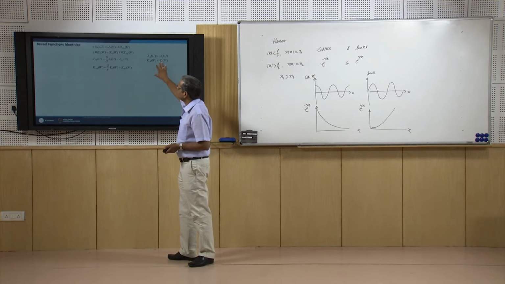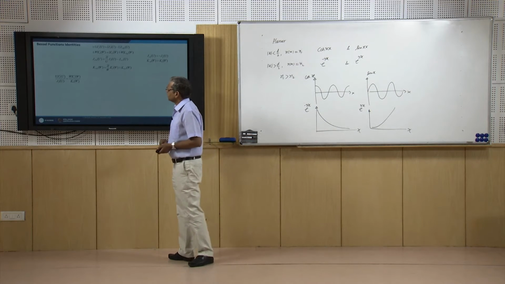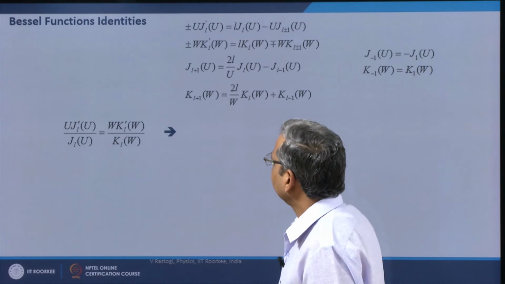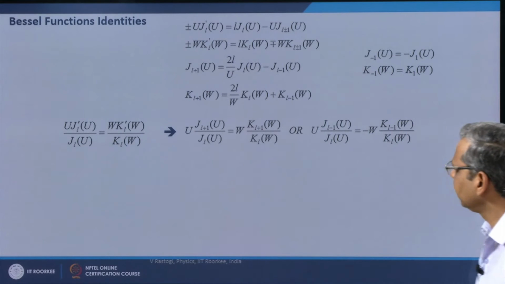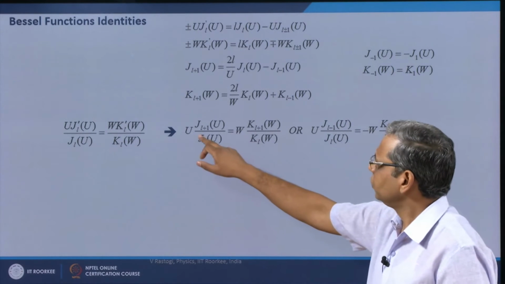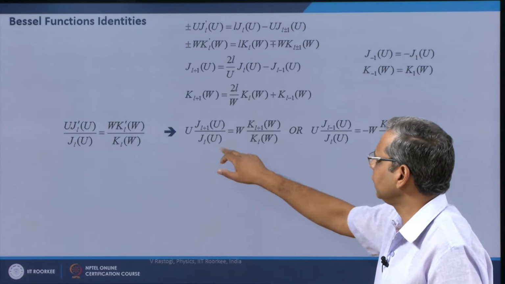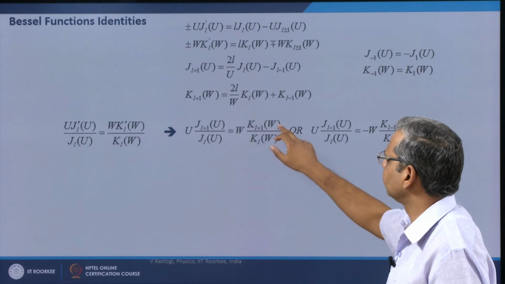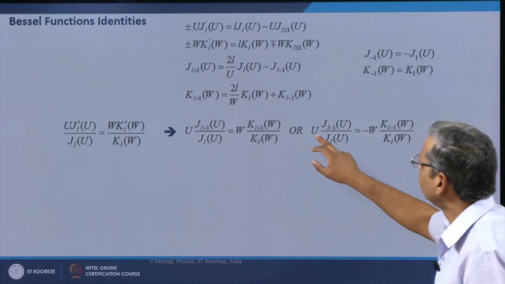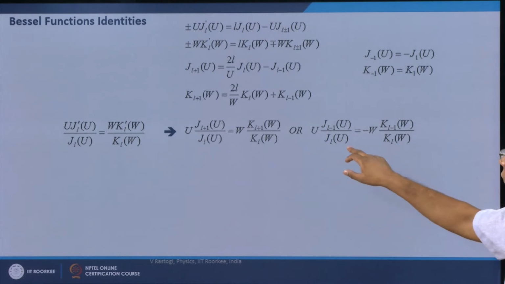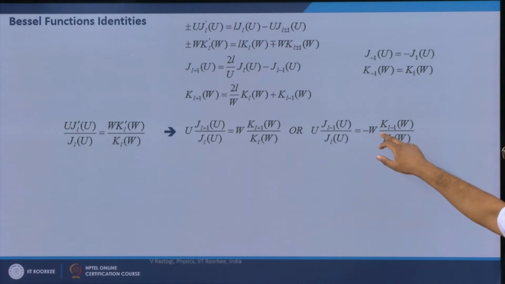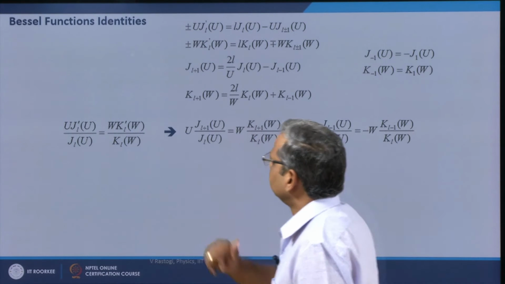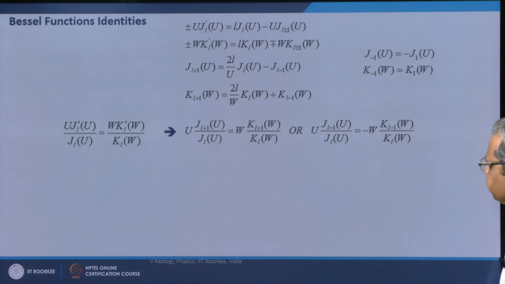So if I use these, then this transcendental equation can now be written in two forms. One is U J_{L+1}(U) over J_L(U) is equal to W K_{L+1}(W) over K_L(W), or U J_{L-1}(U) over J_L(U) is equal to minus W K_{L-1}(W) over K_L(W). So I can get rid of these primed functions here.